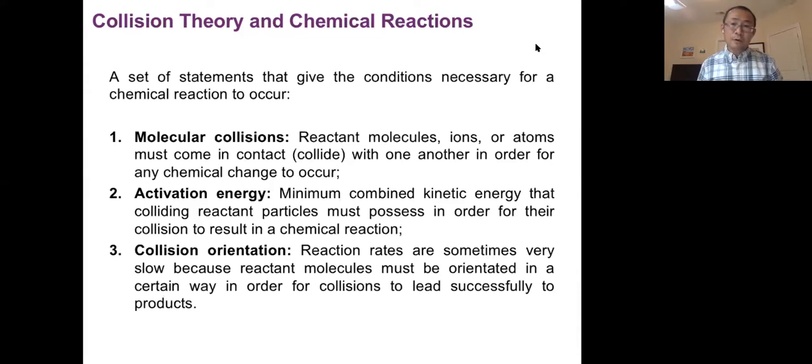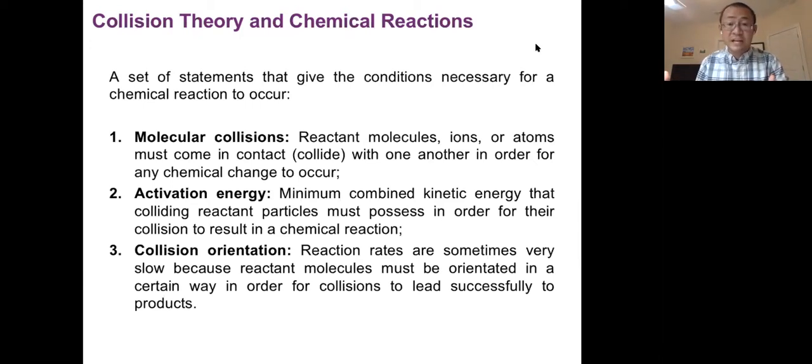So here, let's take a look. In order for a reaction to take place, what conditions must be satisfied and why is there a chemical reaction? First, no matter whether there's a reaction or not, reactant molecules, ions, or atoms, these particles are always moving.